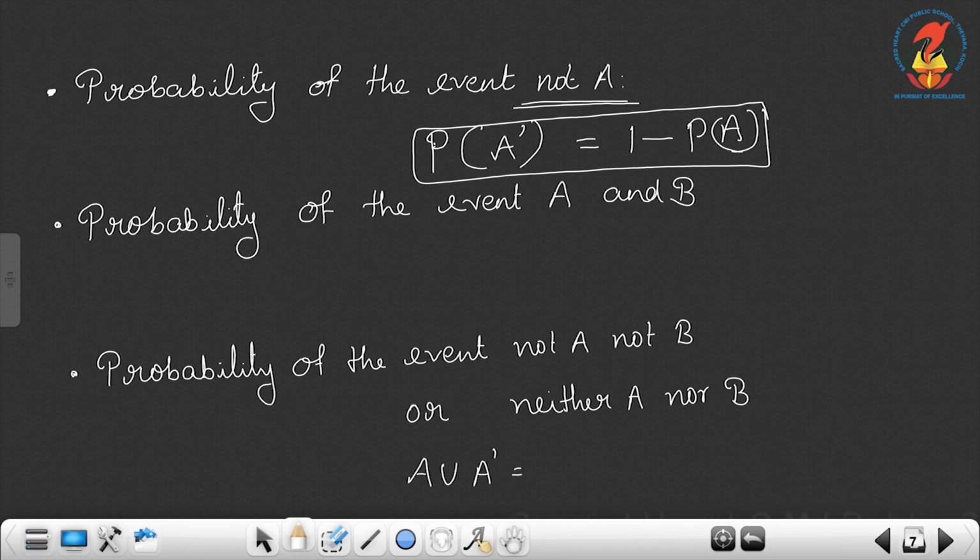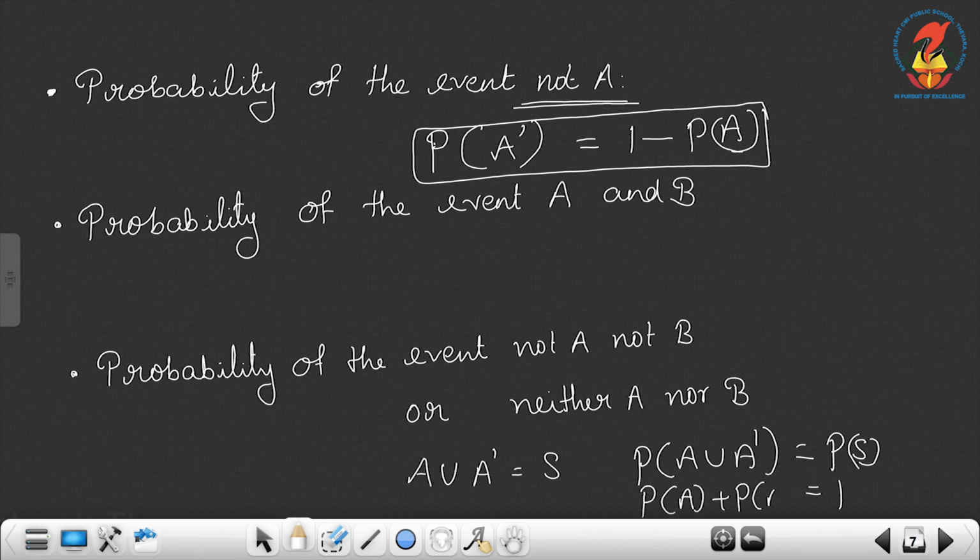So their union must be equal to S, the sample space. Then what is P of A union A complement? That is P of S, and P of S is 1. A and A complement are mutually exclusive, so we can write P of A plus P of A complement. So what is P of A complement? 1 minus P of A. We have to learn only the result: not A means P of A complement, which is equal to 1 minus P of A.